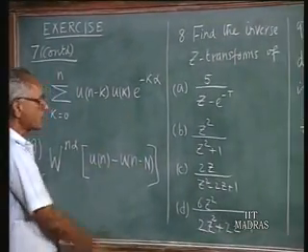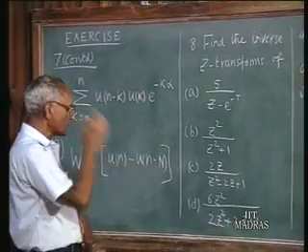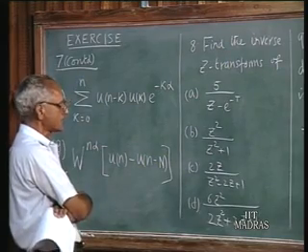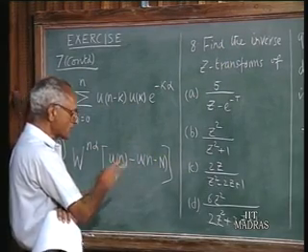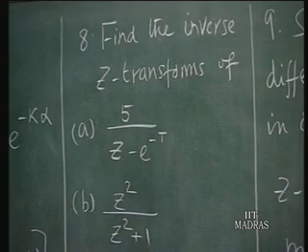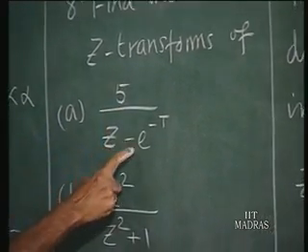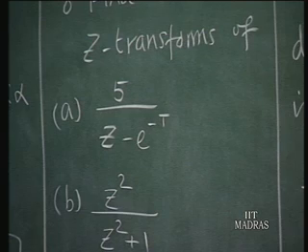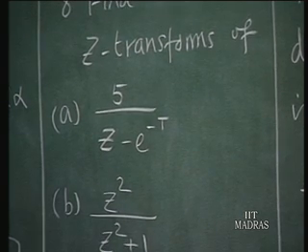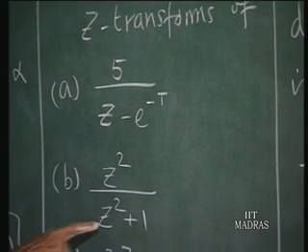The next question is, you are given a series of Z transforms. You are asked to find out the discrete time functions which have this Z transform. That means you have to find out the inverse Z transform. A, 5 upon Z minus e to the power of minus t. B, Z squared upon Z squared plus 1.